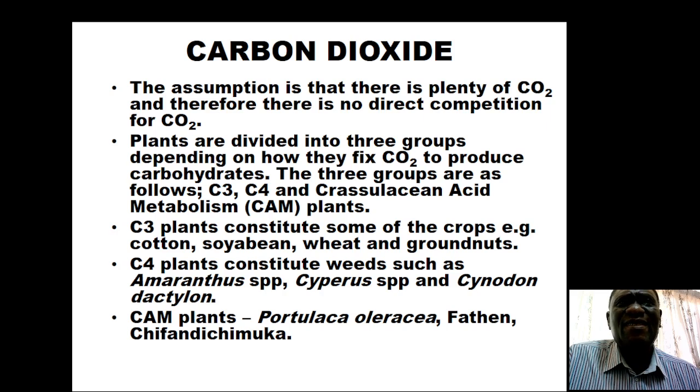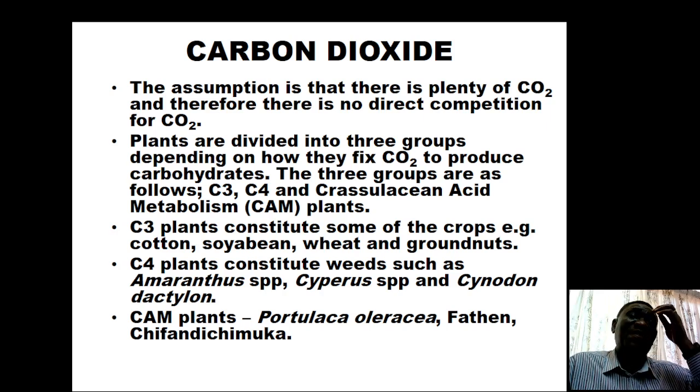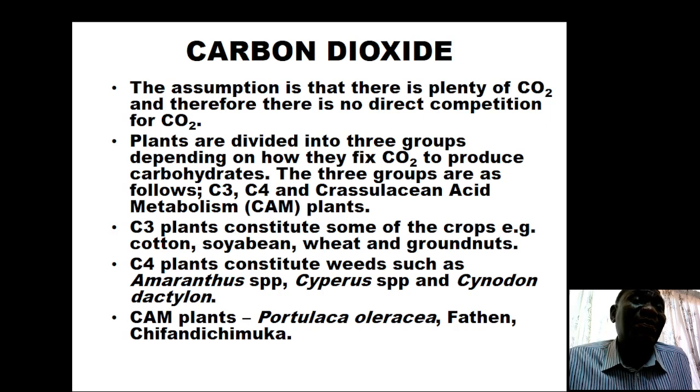The CAM plants, we have got these weeds like Portulaca oleracea, and the Fetian, Chivandi Chimuka. I mean, it's the same weed, sorry. Portulaca oleracea is the botanical name, Fetian common name, and our local name is Chivandi Chimuka. This is a typical CAM plant, which is also efficient in utilizing carbon dioxide.